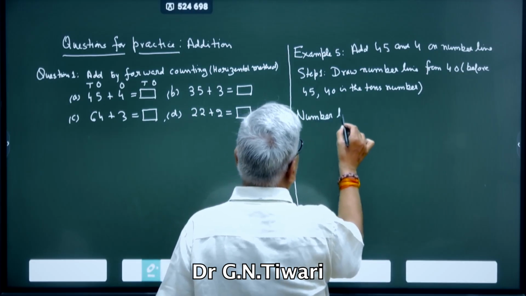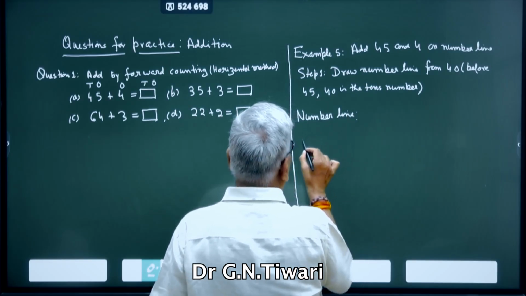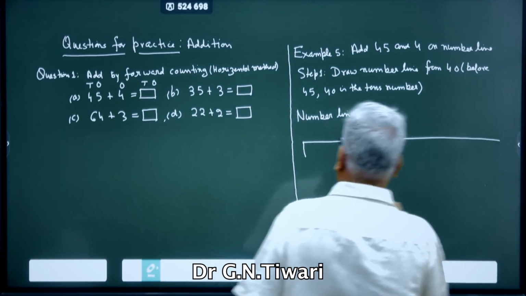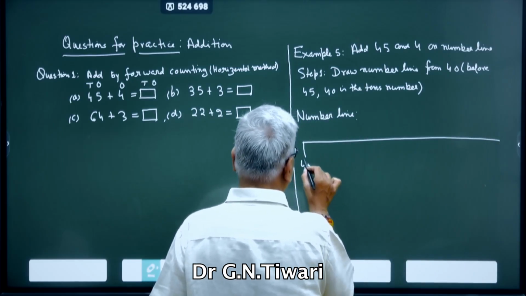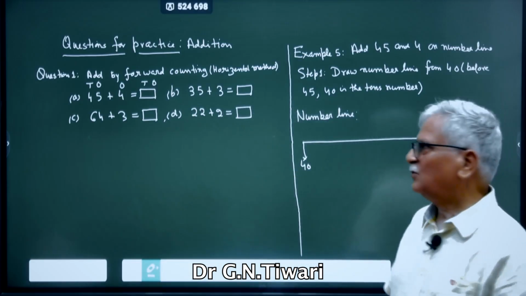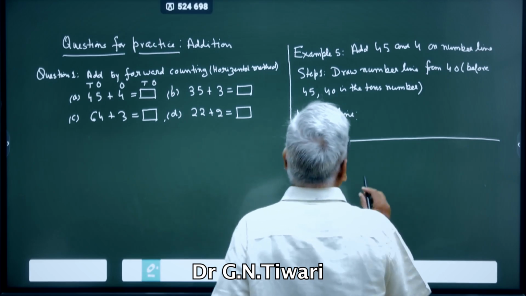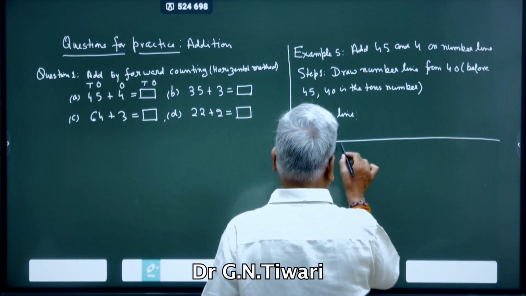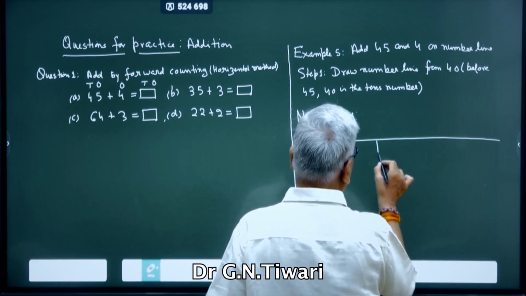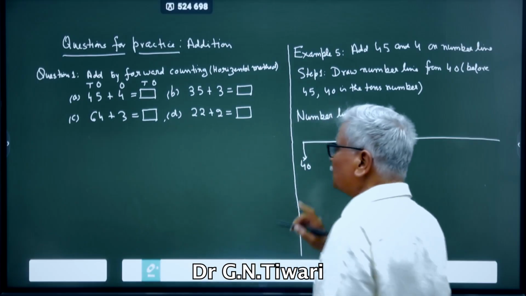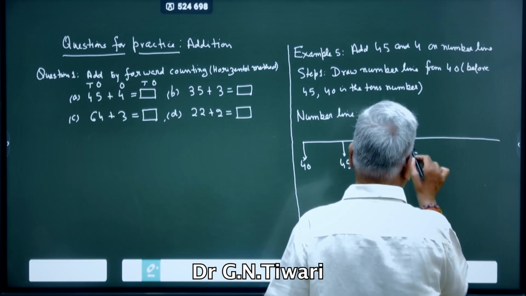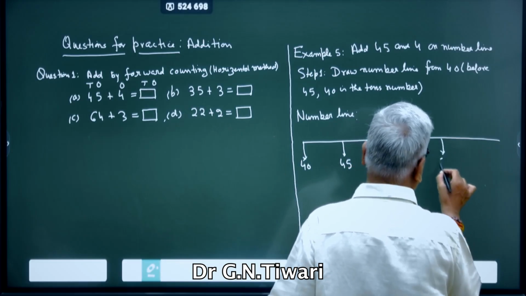First draw the line. I have said it is 40, because the bigger lines are 5, 10, 15, 20, and I have already explained why. Put 40, then roughly 45, 50, 55, you can also do 60, there is no problem.